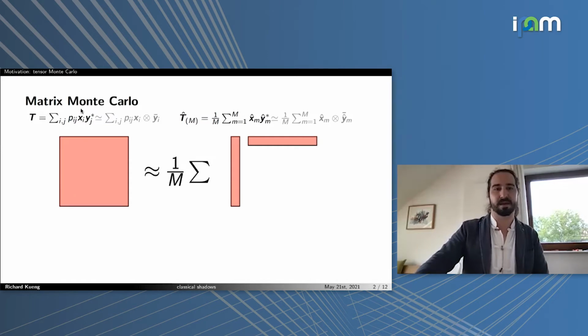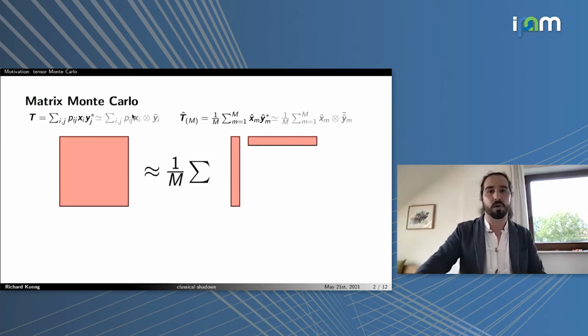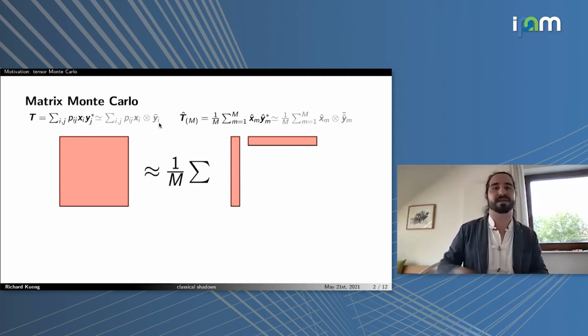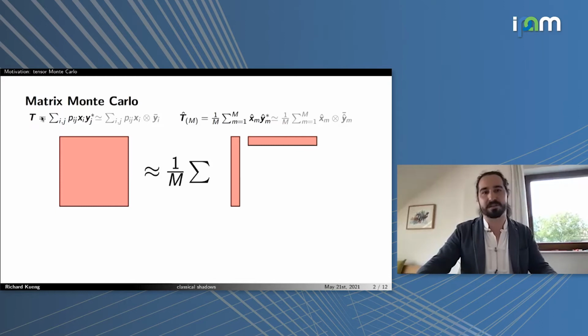In this case, I've chosen outer products, or elementary tensor products if you go to the tensor language. This tells us that in this formula, I'm implicitly approximating the matrix T by a weighted sum of outer products.